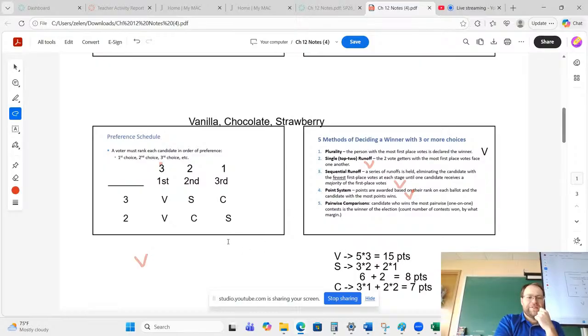So I'll do this up here, vanilla versus strawberry. If you look at just those two, vanilla and strawberry, how many times does vanilla win over strawberry? All of them.